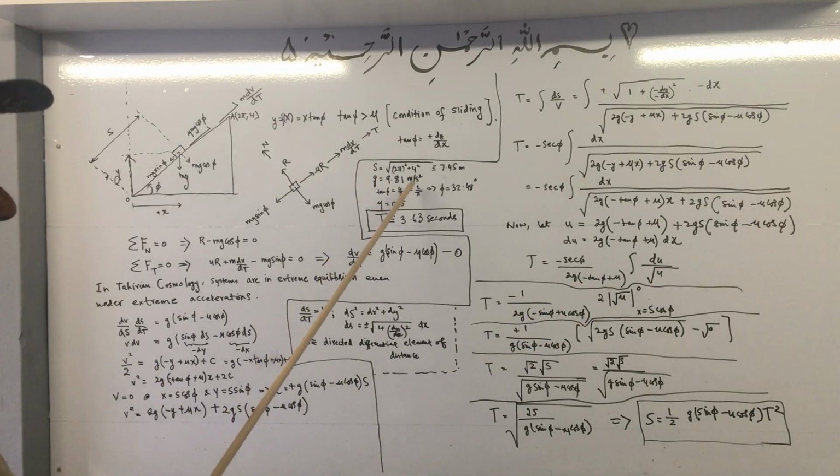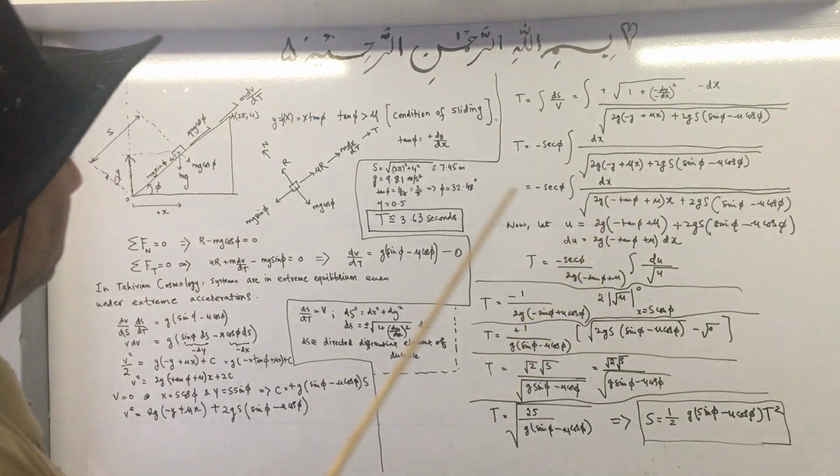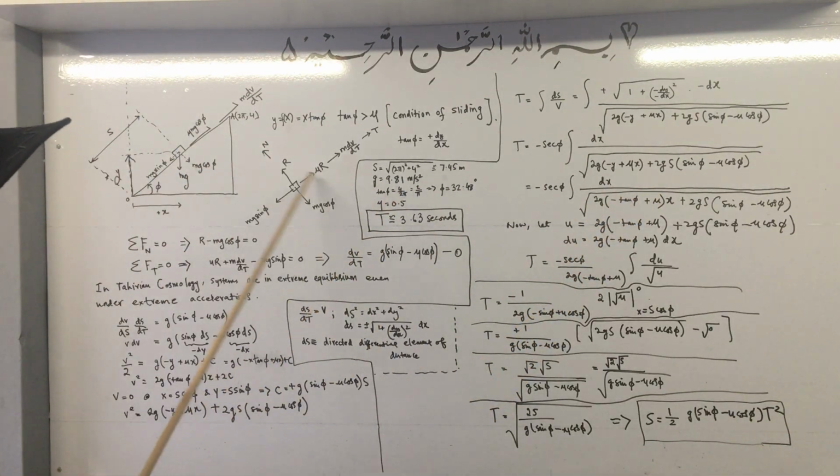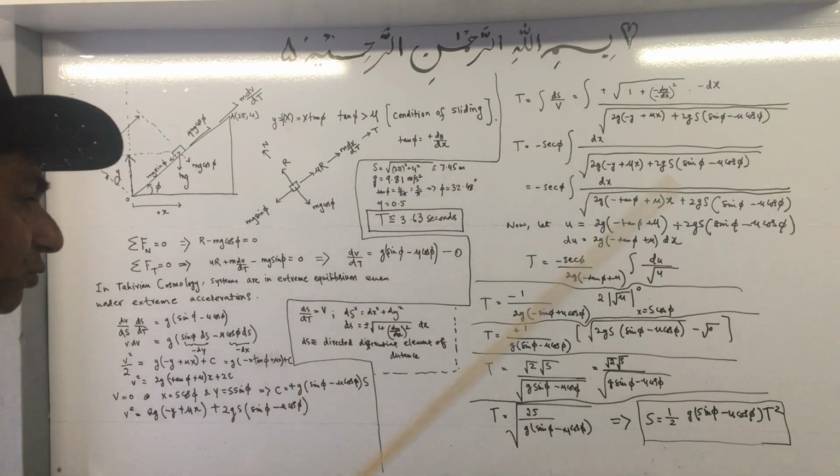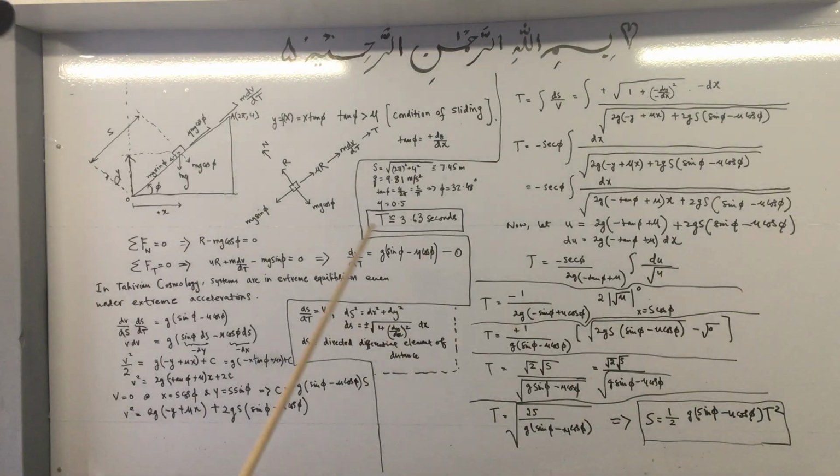Gravity is 9.81 meters per second squared. Tan phi is equal to 4 divided by 2 pi, which gives phi equal to 32.48 degrees. Mu is 0.5. When you plug in all these values, you get t equal to 3.63 seconds.